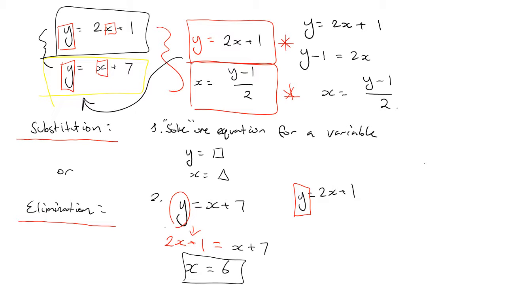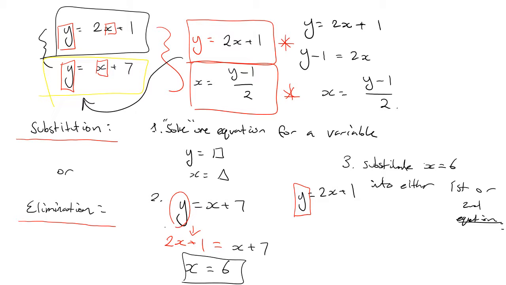Now our final step, step 3, is to resubstitute the value we got from step 2, so x equals 6, back into the original equation to find y. Okay, so we want to substitute x equals 6 into either the first or second equation.